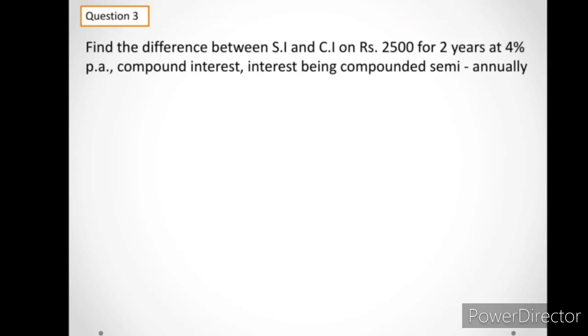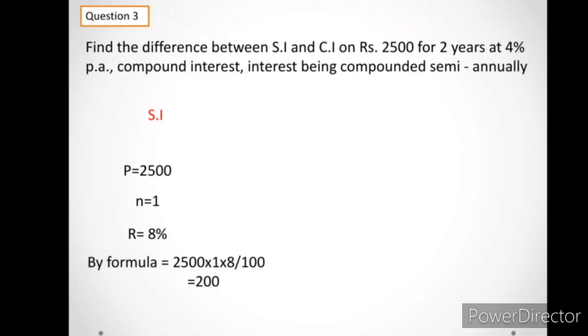Okay, let's go to question number 3. Find the difference between simple interest and compound interest on 2500 for 2 years at 4% per annum, with interest being compounded semi-annually. So we need to mention the term here, semi-annually. Don't forget that. For simple interest, we know the principal amount is 2500, number of years is 1, and rate of interest is 8%. By the formula we will get the answer, that is 200 rupees.